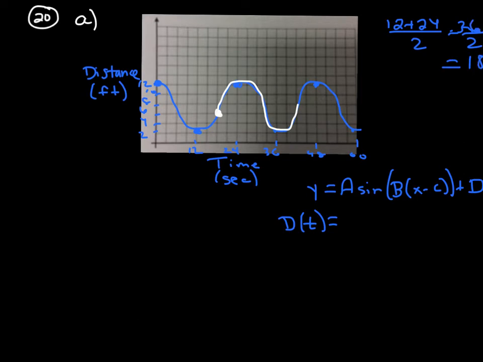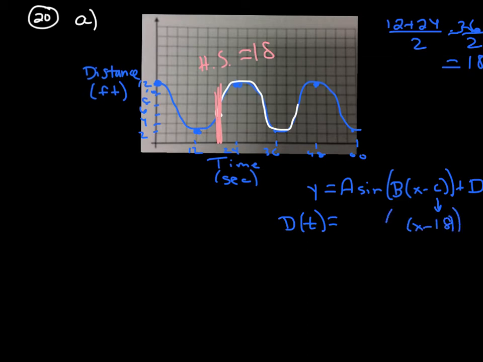So the horizontal shift is right here at 18. I'll write that horizontal shift is 18, and you might as well put that in place of the c right now, so in the parentheses we have x minus 18.